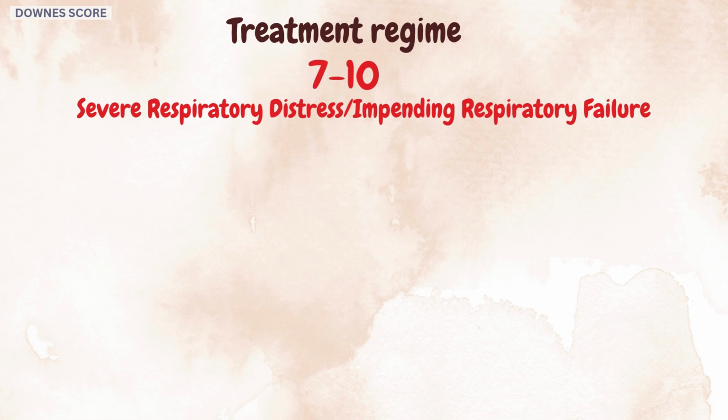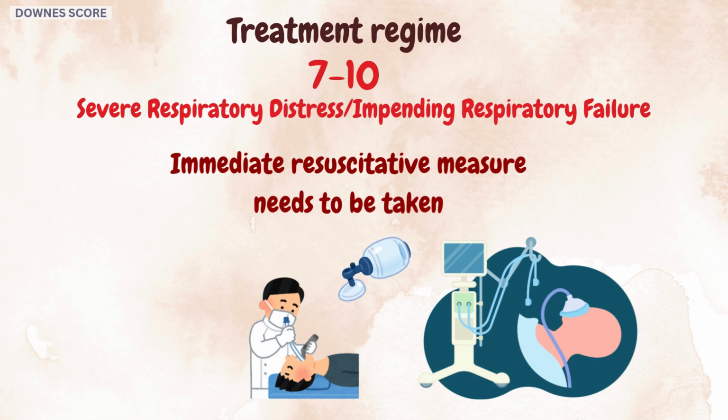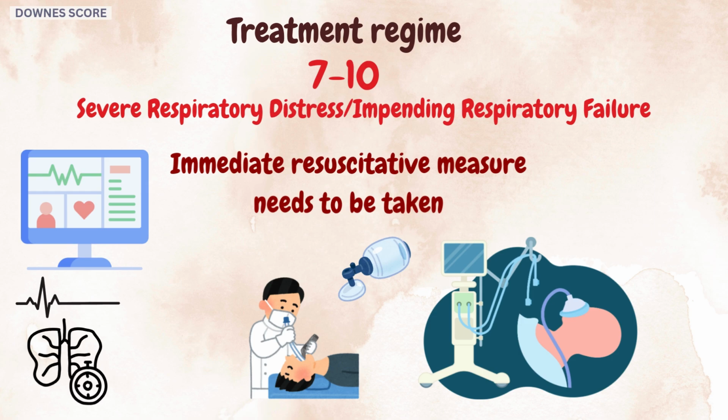So in this case, immediate resuscitative measures like intubation and mechanical ventilation will be required to provide adequate respiratory support. Also, continuous monitoring of vital signs including heart rate, respiratory rate, oxygen saturation, blood pressure, and arterial blood gas monitoring may be required.